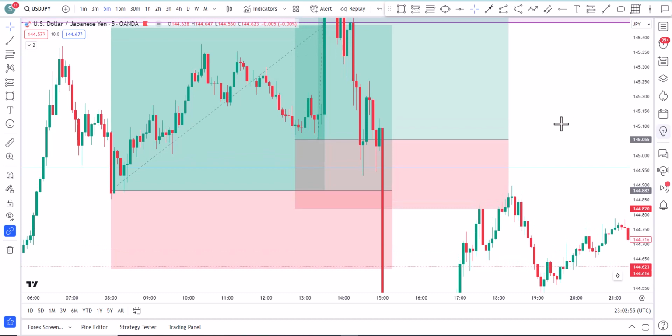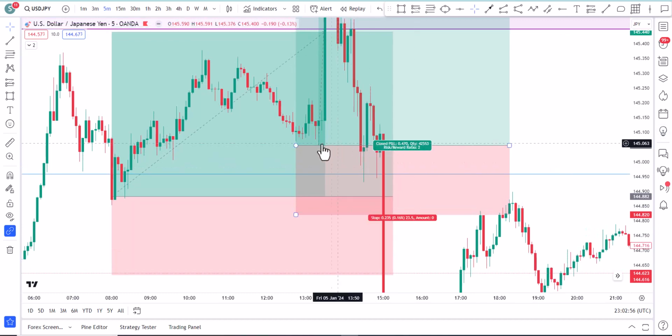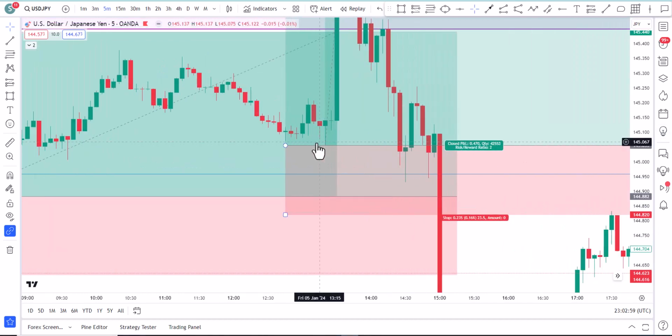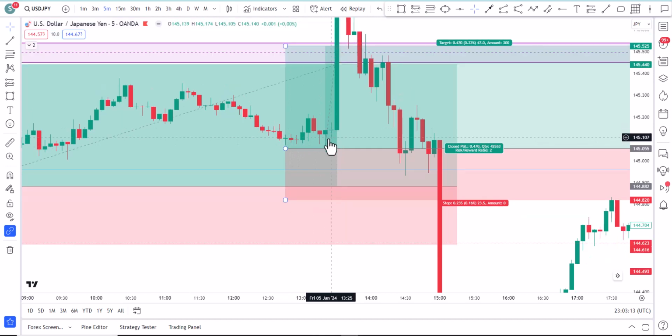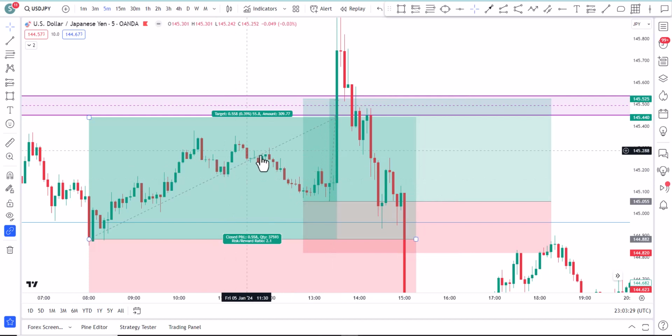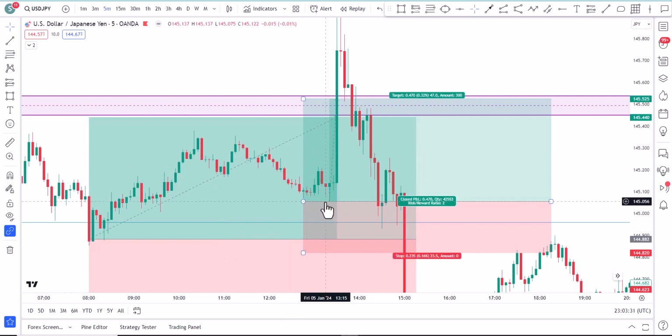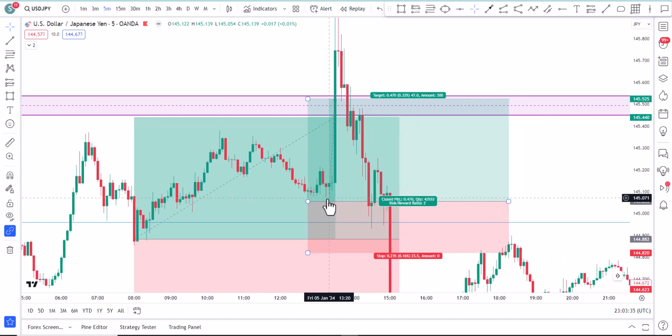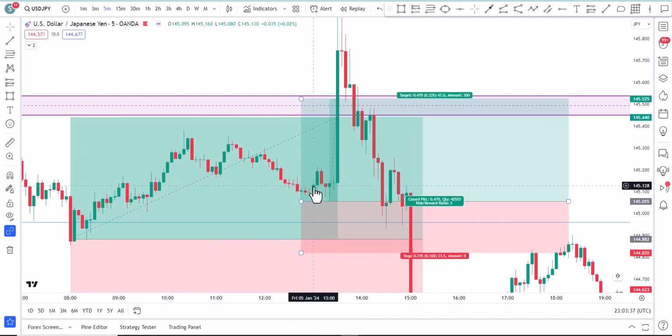When price came into my area, price almost tapped into my area, so I missed this trade. Well, this area is a higher time frame order block. I was expecting price to tap into this area, so I waited for a retracement and then wanted to enter here. However, I didn't get my trade triggered.